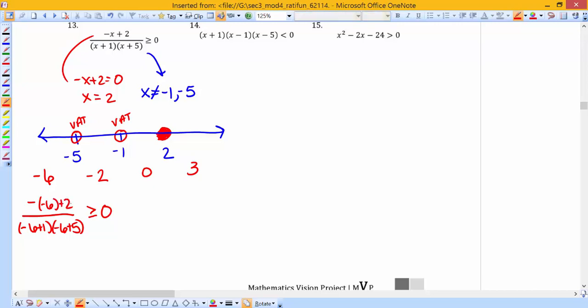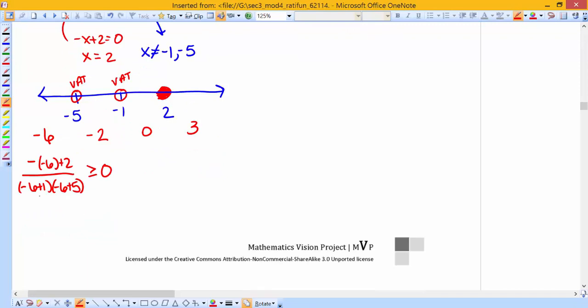I had the parentheses wrong. -6 plus 2 is -4... this is going to be -5 and -1. So this is going to be 8 over 5. Is that greater than or equal to 0? Yes, because it's positive. So I'm going to highlight that section there.